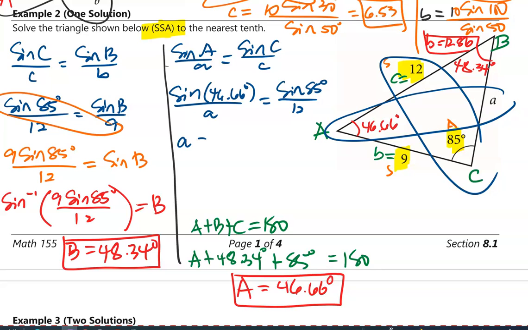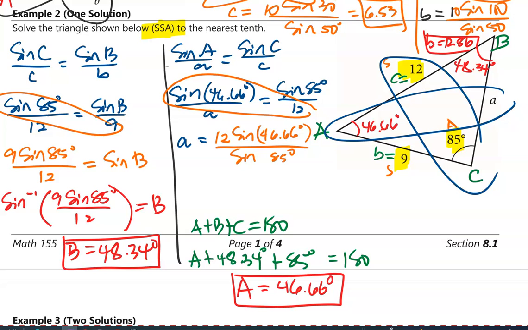And to isolate A, you can multiply this. So 12 sine of 46.66 degrees over sine of 85 degrees. And use your calculator, you should be able to get A is equal to 8.76.